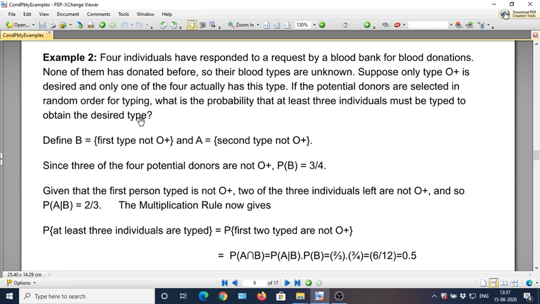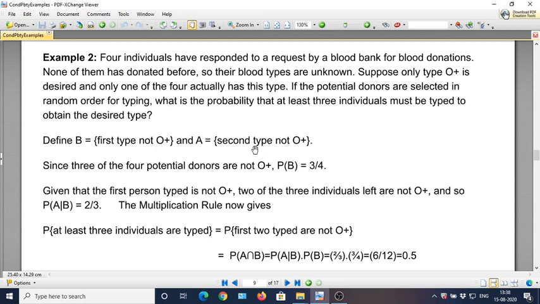Okay, so let us define the following events. B is the event that the first person typed is not O plus, and let A be the event that the second person typed is not O plus. It has to be understood from the nature of the experiment that this will happen only when the first person is not O plus.